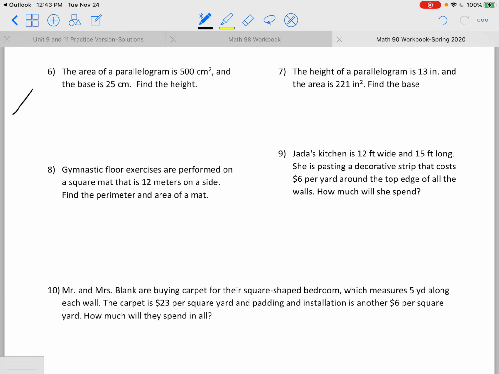Remember that a parallelogram is like a rectangle that we just pressed down the sides and squished a little bit. That's a really awful drawing. I apologize for my lack of art ability. Oh my goodness. All right, that's awful.